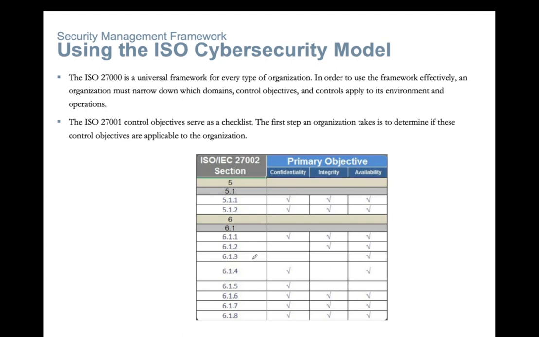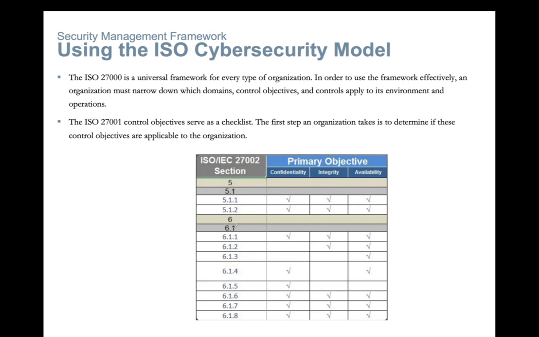In this diagram, you can see the control, which is analyzed to determine the type of safeguards to be implemented. The fifth section describes security policies, and 5.1 defines the information security policy. In the information security policy document, confidentiality should be the primary objective, and integrity and availability should be there as well.